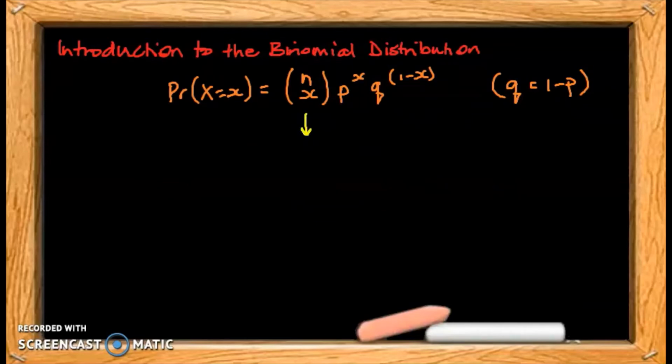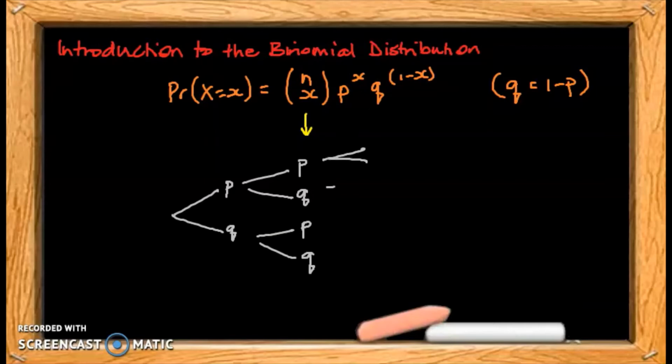As I said, this part looks at the number of possibilities, and I'd like us to take our minds back to tree diagrams. If I have a tree diagram where I have a potential success or failure, and then I have another one, success, failure, and so on, there are a certain number of paths that I can take which will give me a certain number of successes and a certain number of failures.